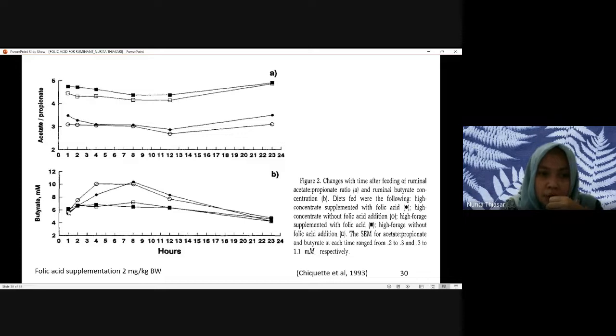But for the high forage with the supplementation of folic acid, at the beginning it's slightly higher, and then it reduces, starting from around 5 and 6 hours.